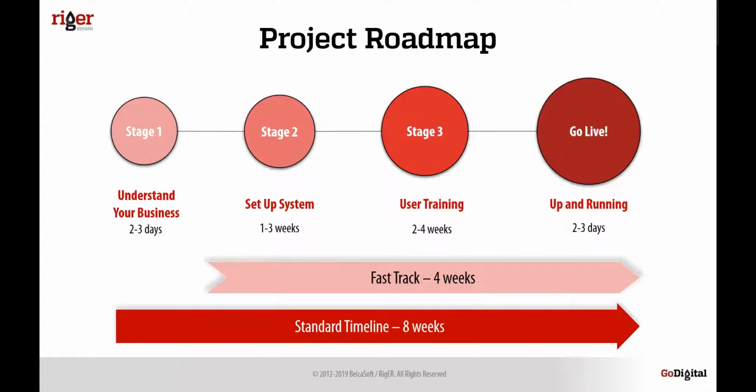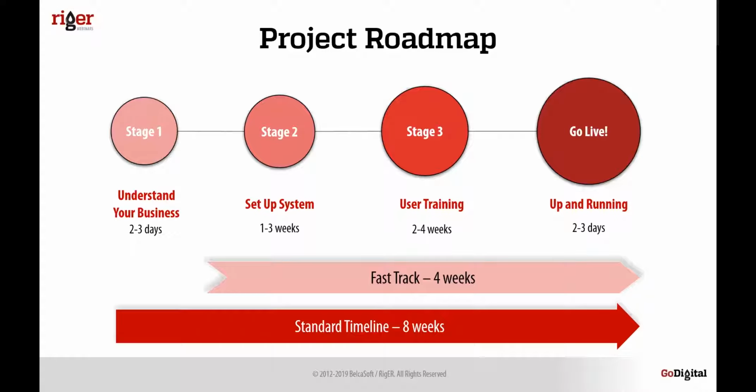Then we move on to set up the system and import the data, and then we go to the user training stage, when all the users who will be working with the system directly will be trained and ready to work with the system. And then you start using the system in live mode, so all new information comes directly to RigER.